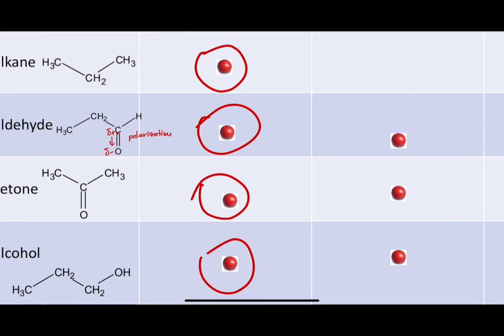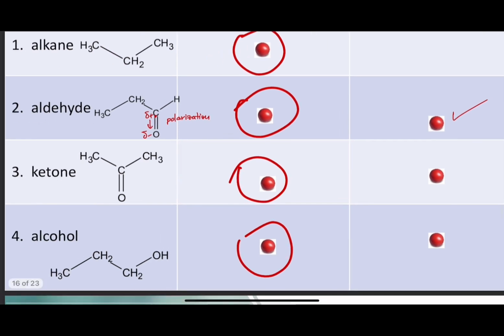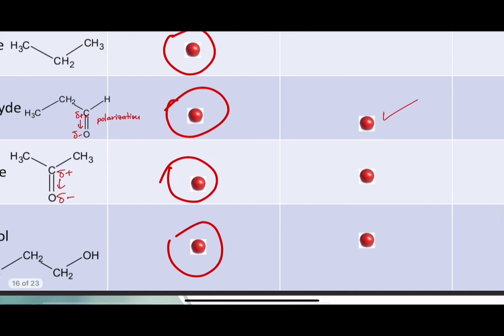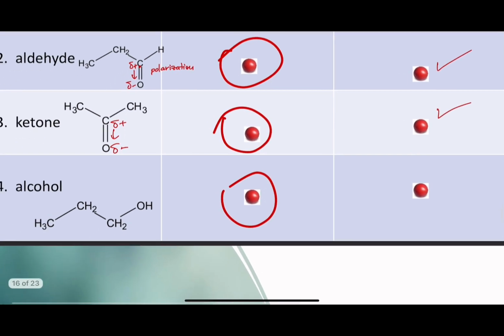So for aldehyde, I have a dipole-dipole as well. And then if we look at ketone, we have the same thing. We have a positive and negative, and then again there is a dipole-dipole happening because I have polarization. And if you look at the alcohol, again oxygen is negative and carbon positively charged, so electrons are withdrawn closer to oxygen.